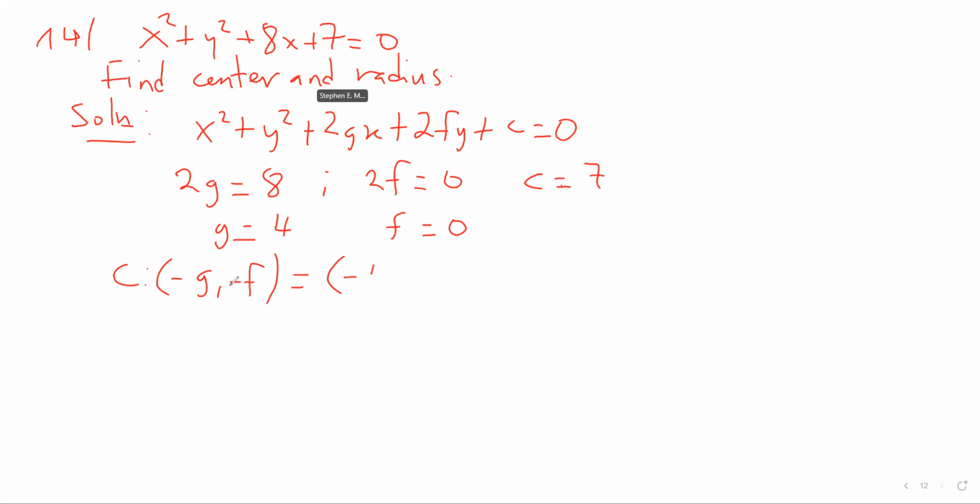And in this case, it means (minus 4, 0).